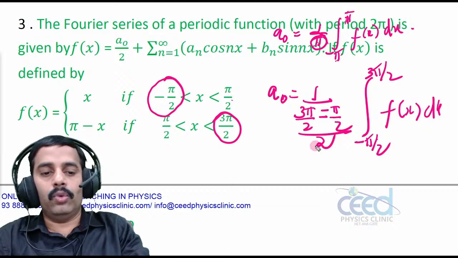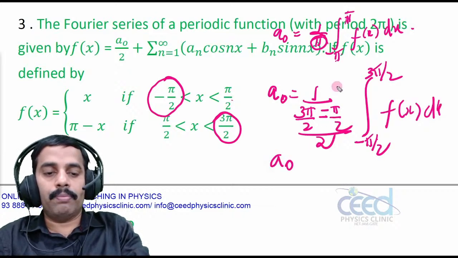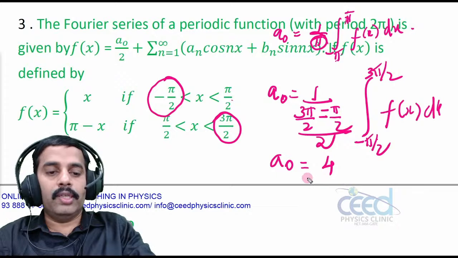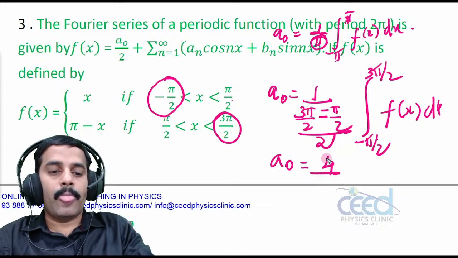Now let us do this, we can take the 2 up, right? So 2 over 4 pi, 3 pi plus pi is 4 pi, right?